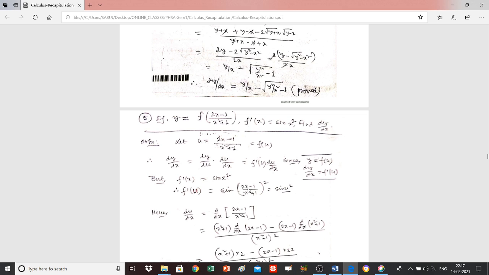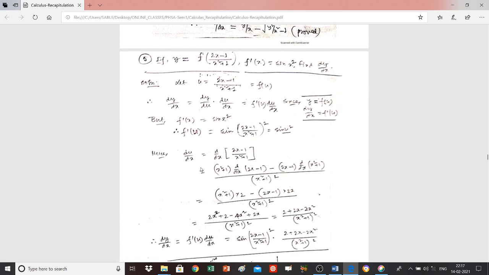So that is sine of ((2x minus 1) by (x square plus 1)) whole square. Now you just have to calculate du by dx, because dy by dx finally has the form f prime u into du by dx, and in this case you have already calculated the value of f prime u, that is here. So now we have to calculate du by dx.